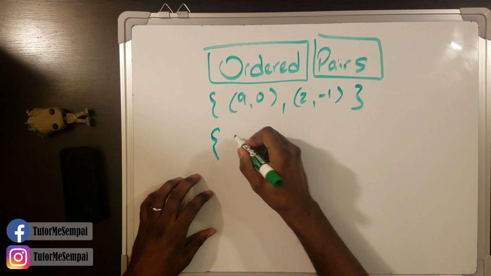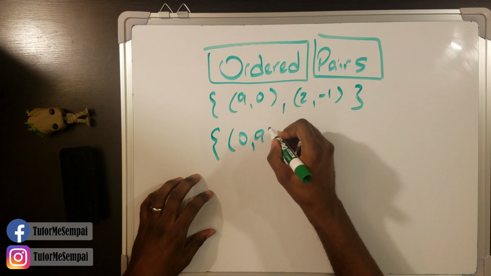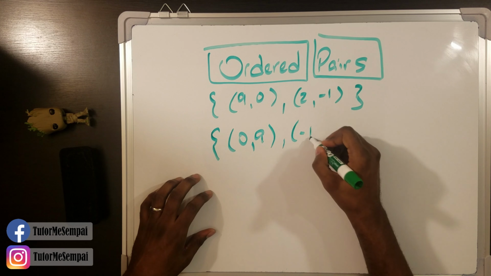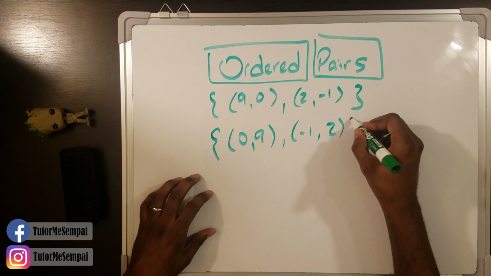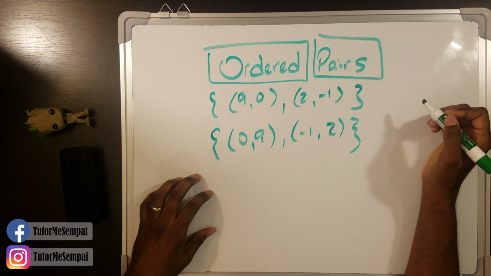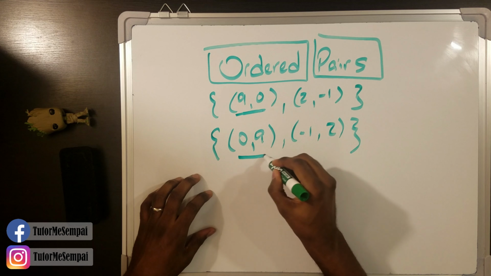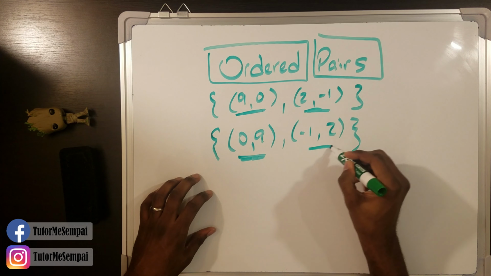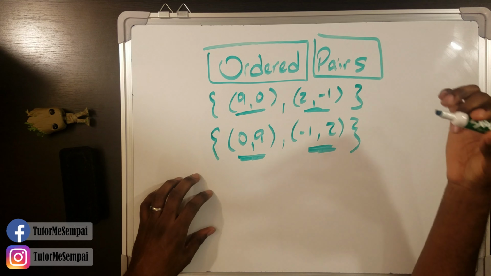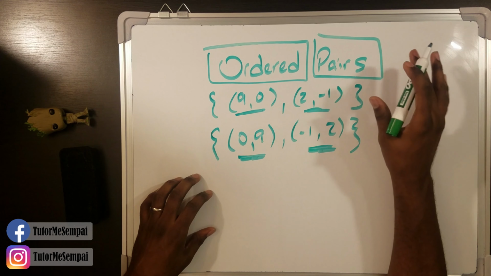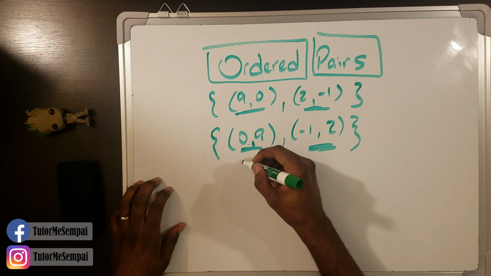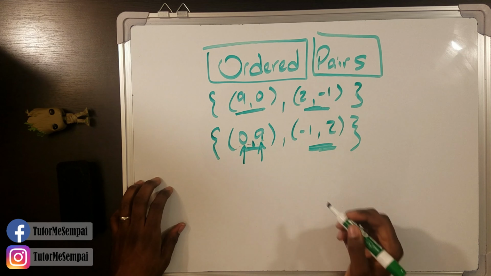Now, I couldn't just switch these and expect to get the same thing. This is not the same as this, and this is not the same as this. So the order matters. And the reason why the order matters is because of what these positions represent.